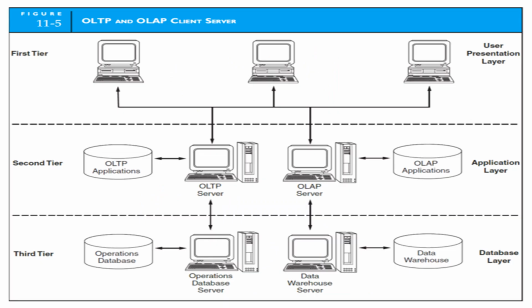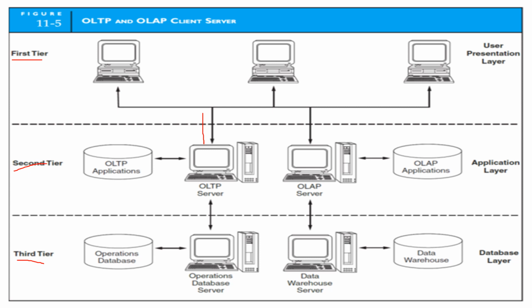Another figure explains the OLTP and OLAP client-server. We have three tiers: first tier, second tier, and third tier. In the first tier, we have the users' presentation layer, connected to the OLTP server application and OLAP server application.